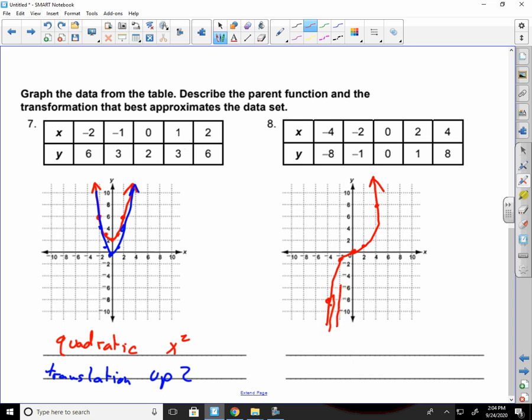The original would have been a little shallower, like that. So this is cubic, x to the third for the parent function, and then it is just a horizontal stretch. So that's it for that one.